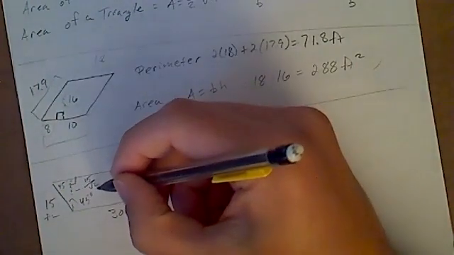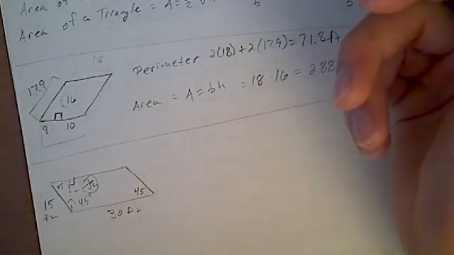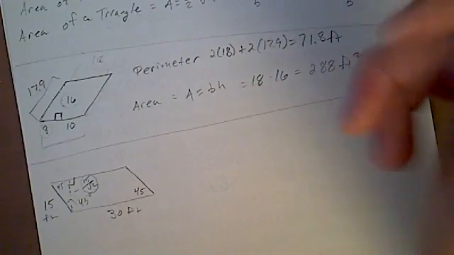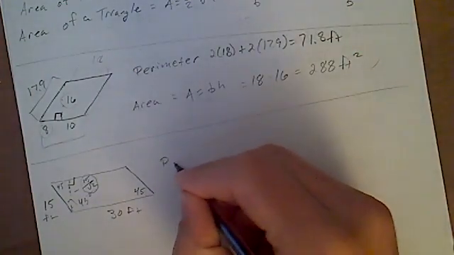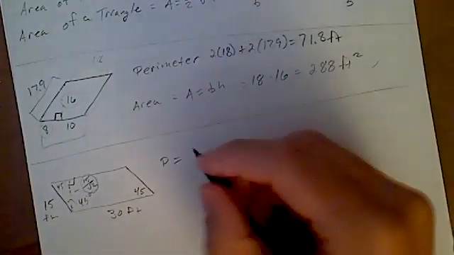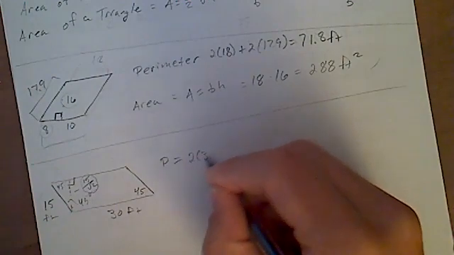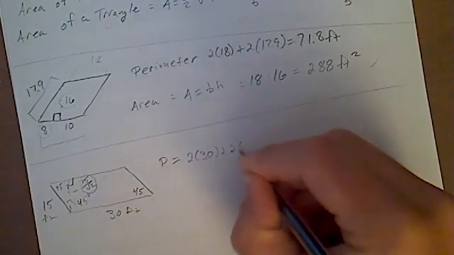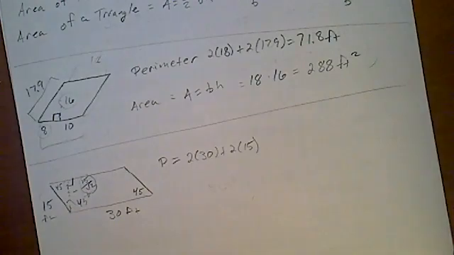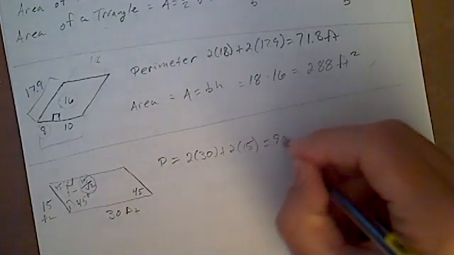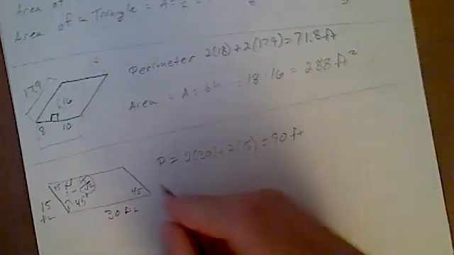Given that we don't actually have to put this anywhere other than into a formula, we can leave it as 15 over root 2. That's fine. You don't have to find what it actually is. Perimeter, this one is easy. It is 2 times 30 plus 2 times 15, which is 90 feet.